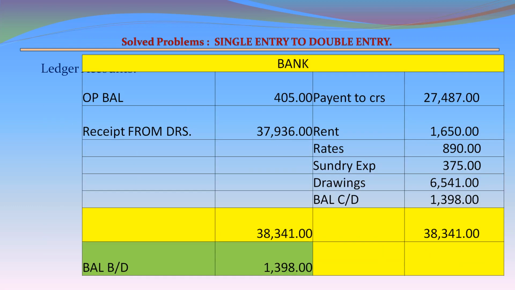Opening balance 405, receipts from sundry debtors 37,936, payment to creditors 27,487, payment for rent 1,650, payment for rates 890, payment for sundry expenses 375, payment for drawings 6,541, and balance carried down is 1,398.